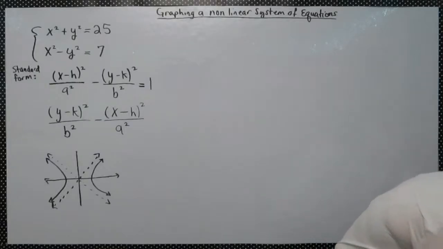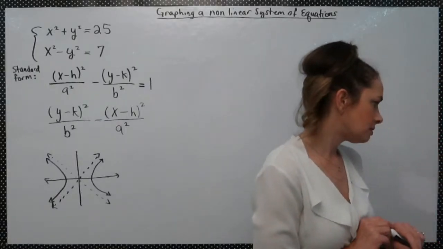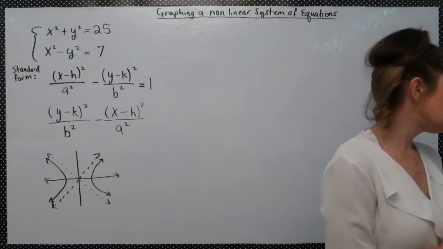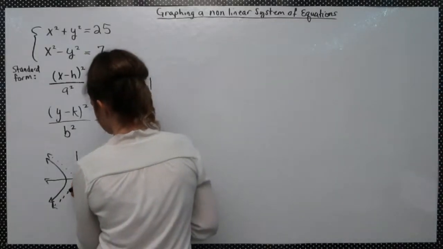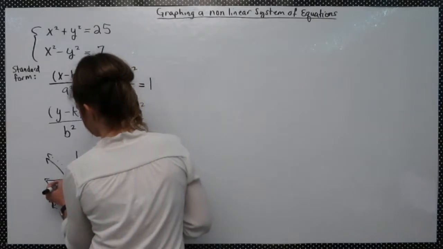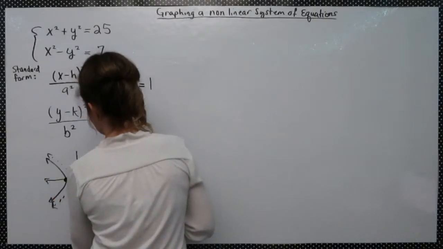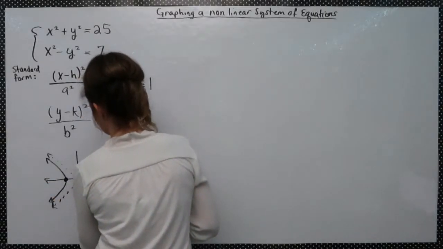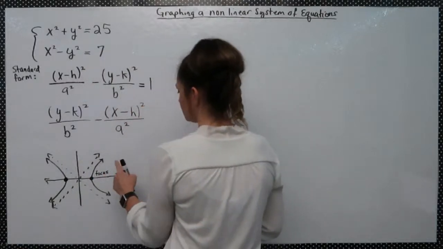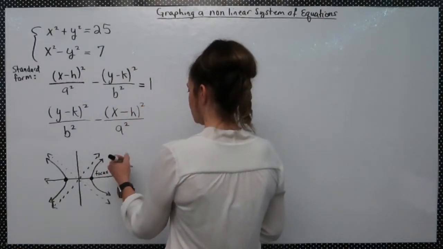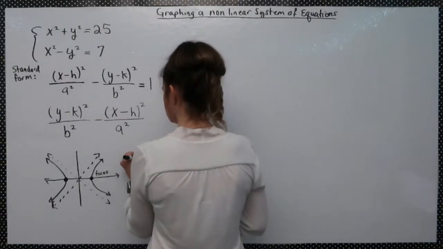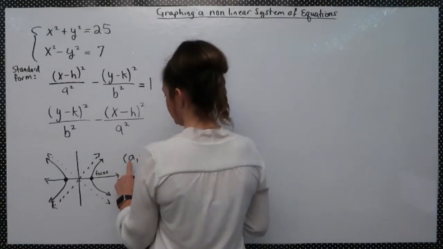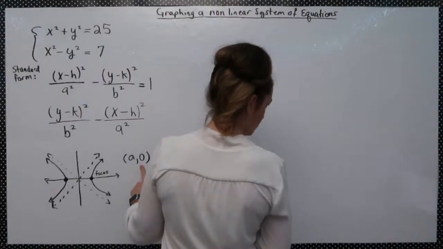Yeah, the difference between the two points on the x-axis would be your focus. And you find them by this value. It's a comma 0, because you have a value on the x-axis and y is 0.